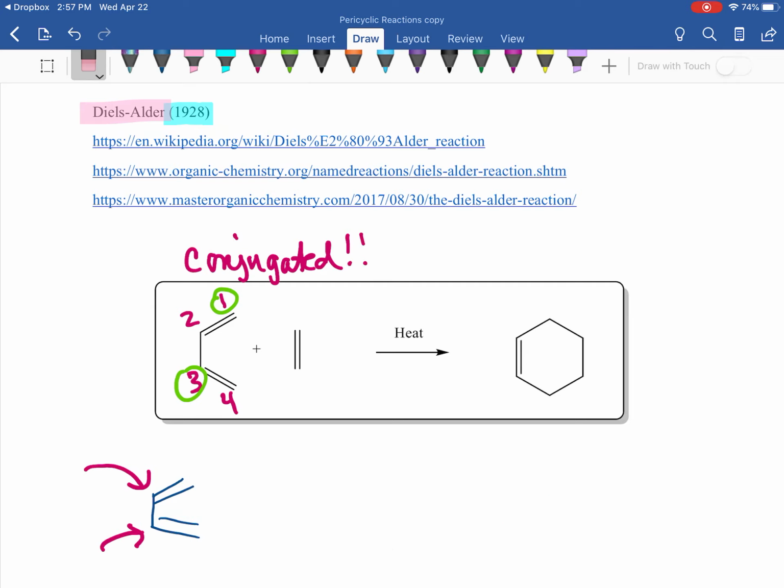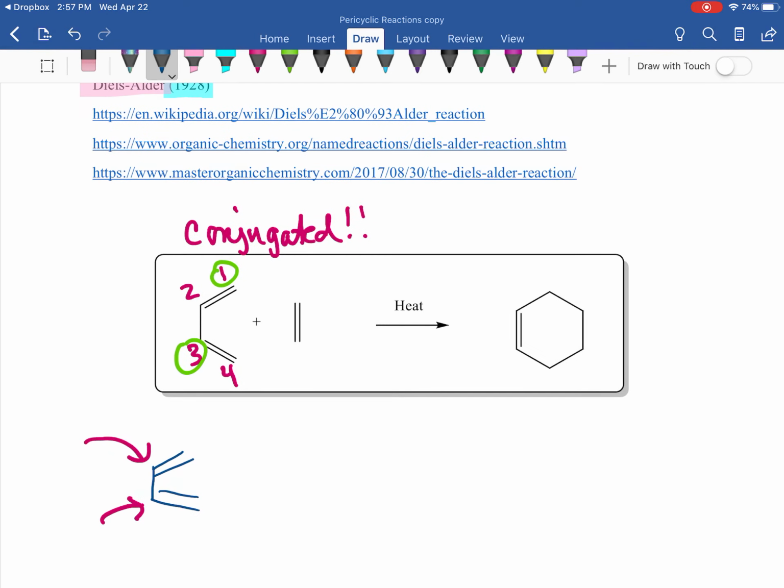So things like lycopenes in tomatoes and carotenes in carrots, all of those have conjugated alkenes. So we have to start with a conjugated alkene. You need 2 of them in there. And this is called, and I'm not making this up, a diene. Get it? Diene. I love it.